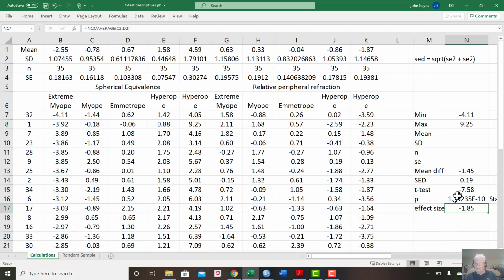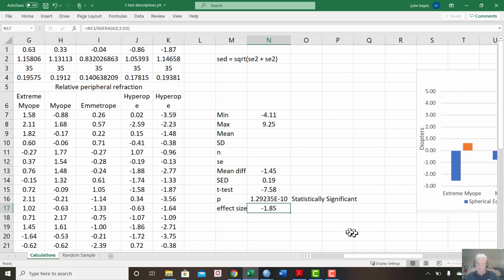Now for the p-value here, rather than give that big number, we would be more inclined to say p less than 0.001. That would be a better choice than this long scientific number. And the effect size is clinically relevant.